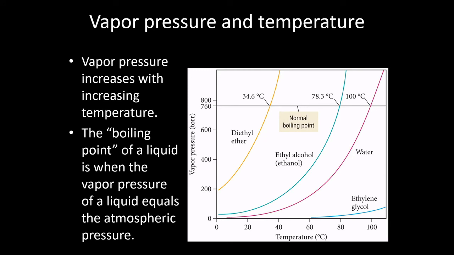Just a quick note here, again on vapor pressure and how it changes with temperature. As you could probably guess, as you heat up a liquid, its vapor pressure is going to increase. So again, the vapor pressure is just a measure of how much of that liquid has escaped into the gas phase. How much of that molecule, where the majority of it is there in the liquid phase, but some of it has escaped.